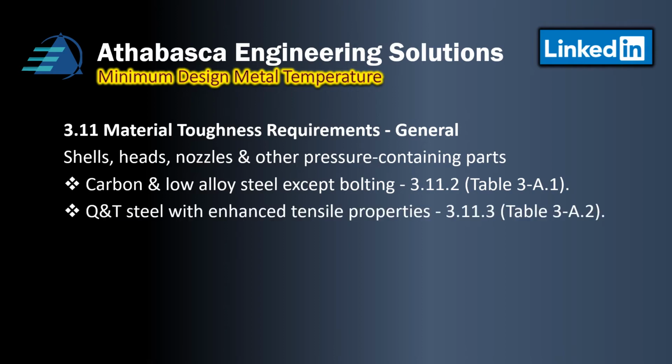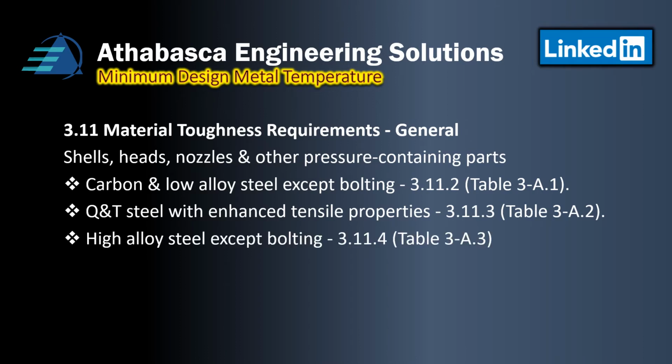Then we'll have the second group of materials. It's called quench and tempered steels with enhanced tensile properties. There are special considerations required for those, because they're more susceptible to cracking. So in 3.11.3, we go to Table 3-A.2. The third one is the high alloy steel except bolting. That's like your 304 stainless steel, 316, and your higher alloy steels.